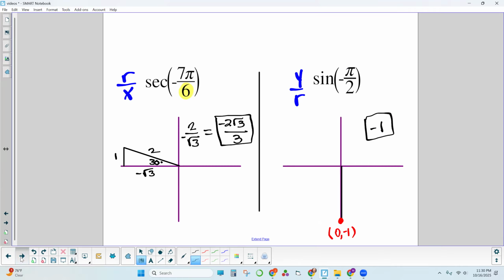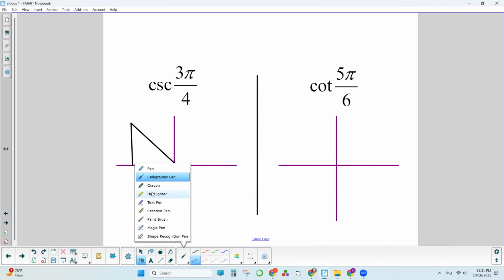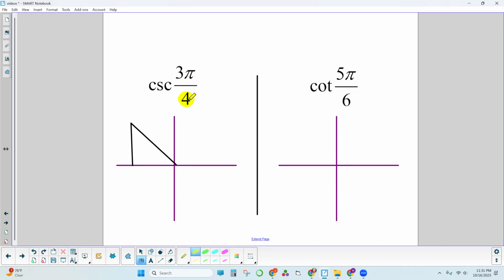All right, let's look at some more. What is cosecant at 3 pi over 4? This is a positive angle, so we go in a positive direction, counterclockwise. And 3 pi over 4 falls right between pi over 2 and pi, right in the middle. So draw your triangle. When I'm given radians in terms of pi, the denominator tells me that my reference angle is 45 degrees.